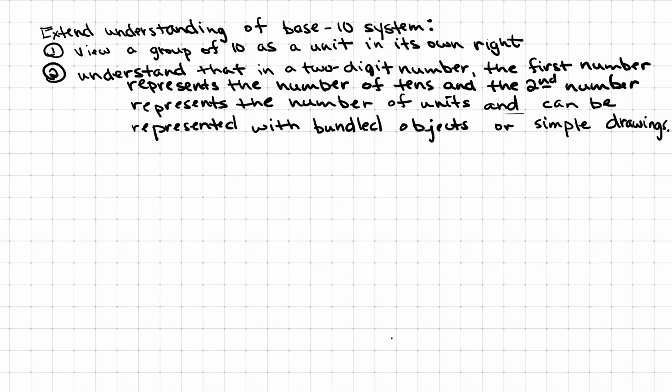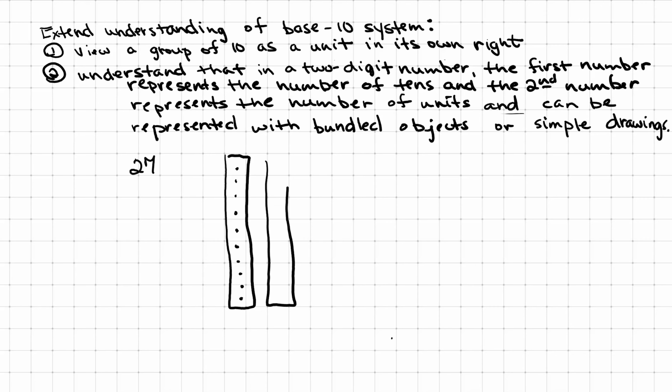For example, if we take the number 27 and we wanted to do a simple drawing of it, we can have the students show the tens place by putting 10 dots, 10 stars, 10 whatever they want together as bundled units.